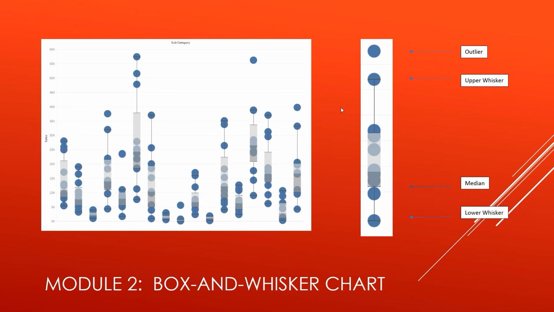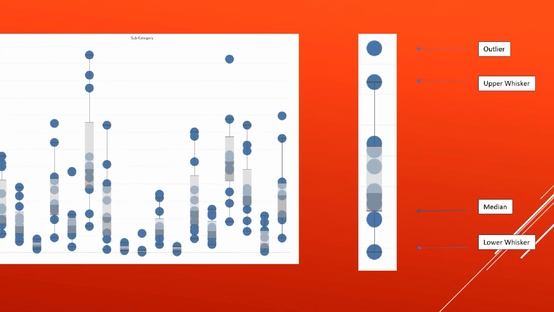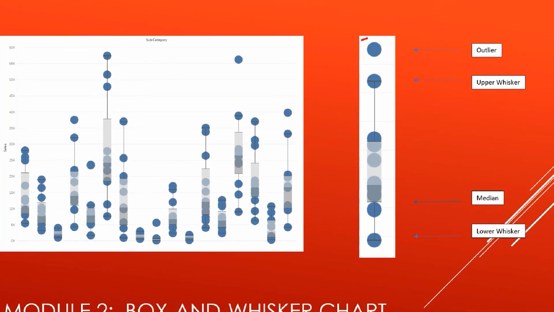Anything that is outside of the box itself is considered an outlier. And so you'll see at the top of this broken out piece that we have an outlier at the top, right? It doesn't fit into the box. It's an outlier. It's outside the range.